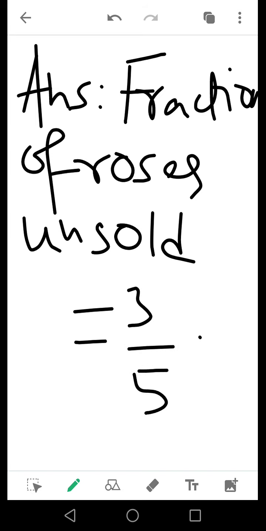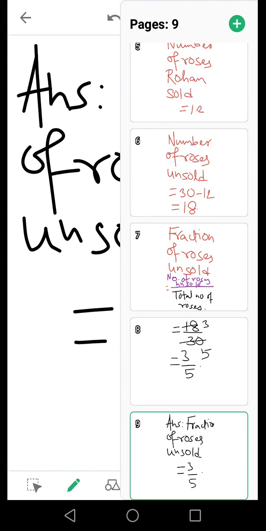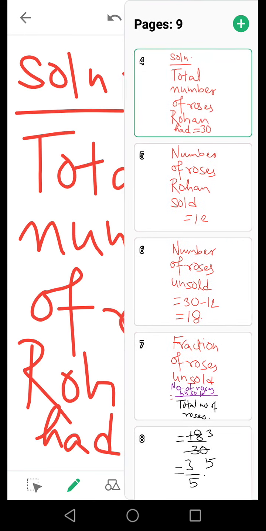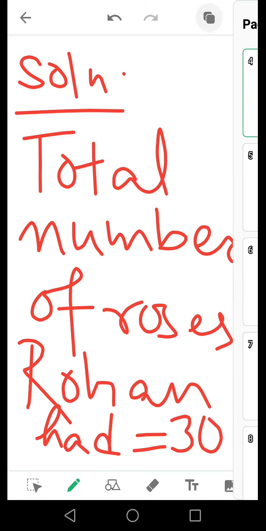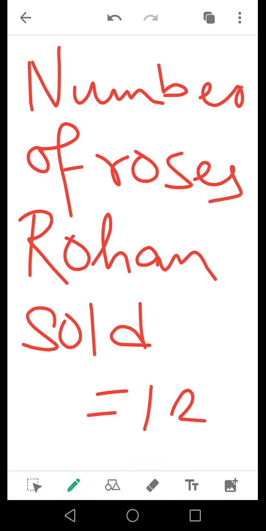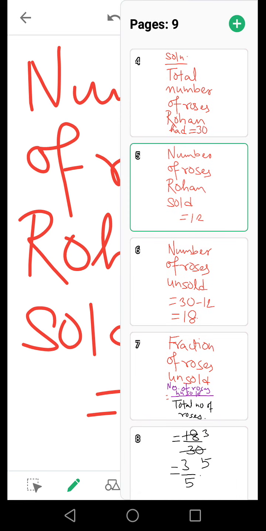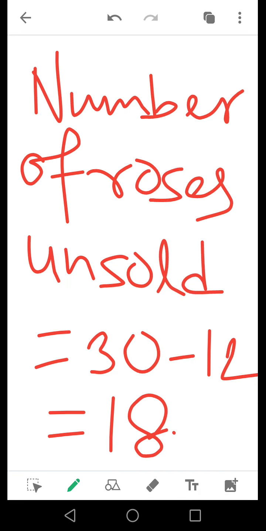Now just let us recapitulate what we learned today. Total number of roses Rohan had was 30. Number of roses Rohan sold is 12. Out of 30, if he sold 12 roses, the number of roses unsold will be equal to 18.